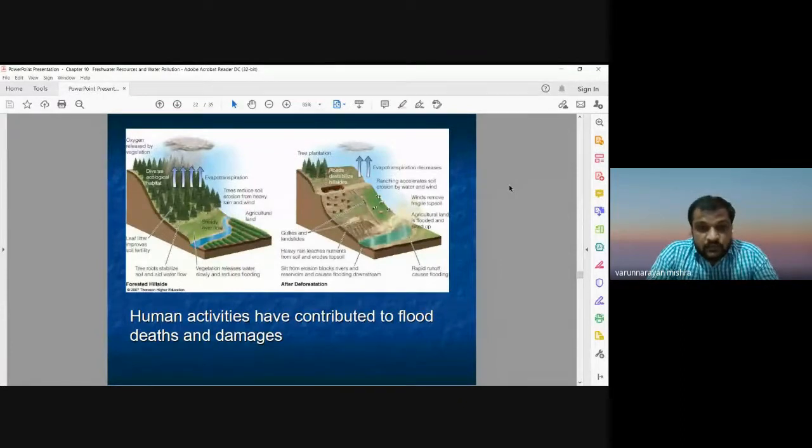It will turn into a high amount of water that can cause flooding, which may be responsible for many damages and deaths of human life. So deforestation is one of the important factors for flooding. It's a kind of anthropogenic activity. Anthropogenic activities have an important role in flooding.